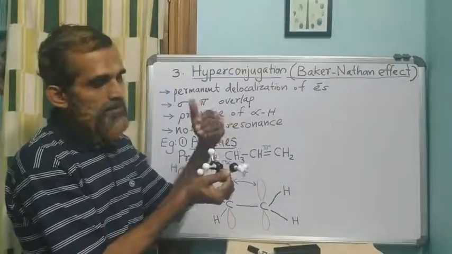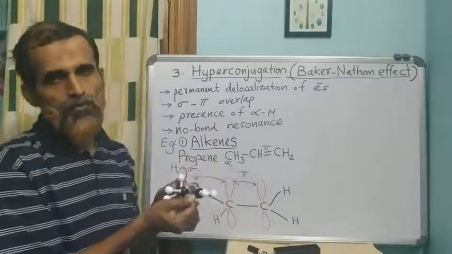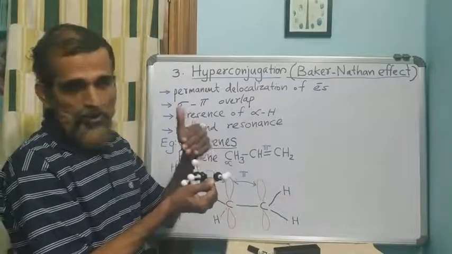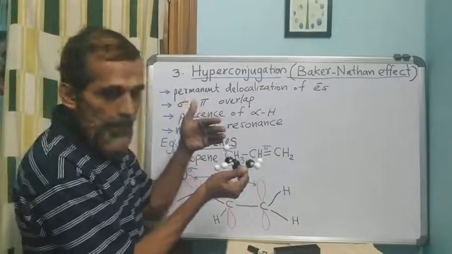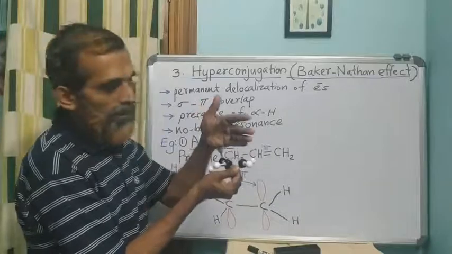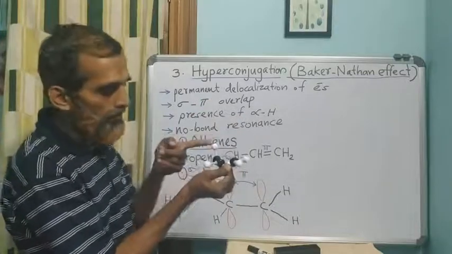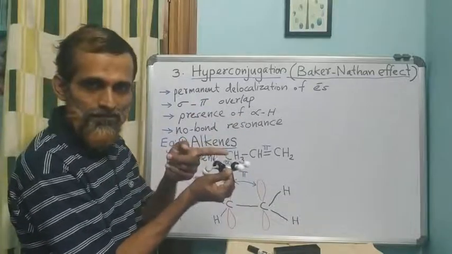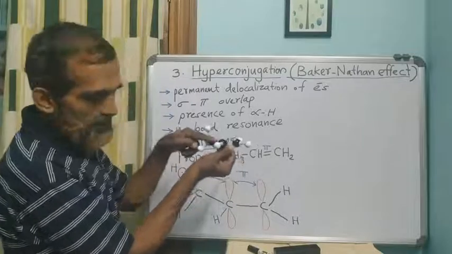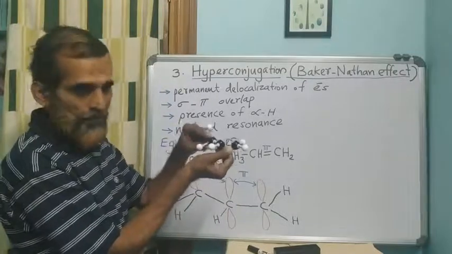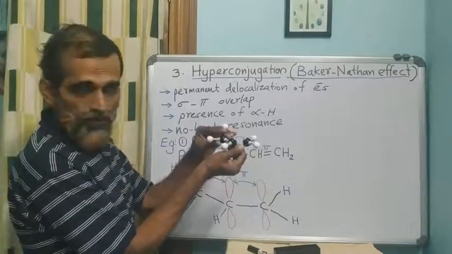So this is what is hyperconjugation. Sigma-pi overlap leads to a delocalization of electron along this orbital path. Since carbon-carbon single bond can be freely rotated, this is possible, right? Free rotation.